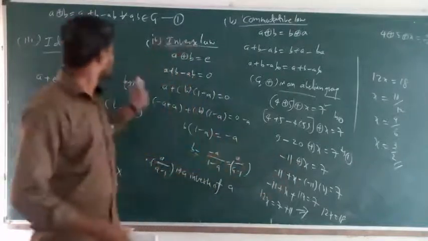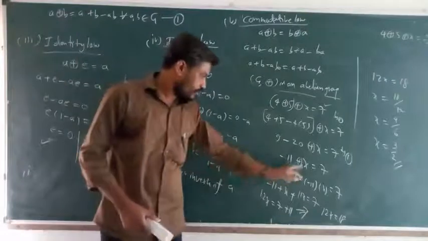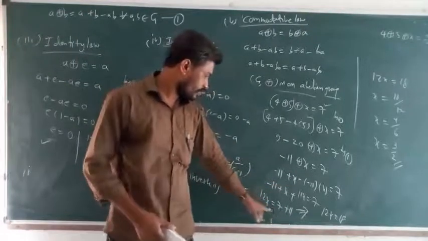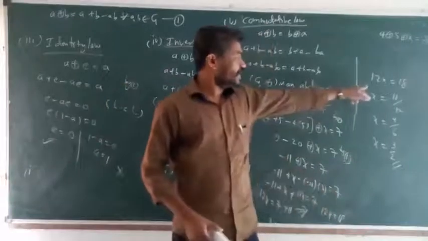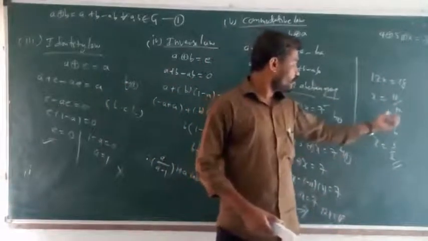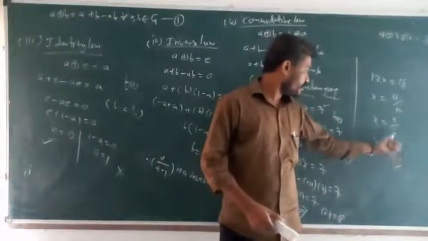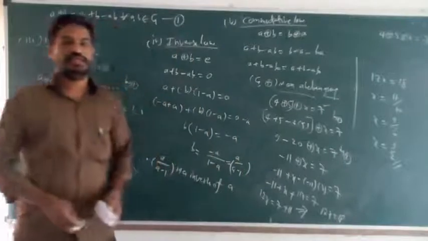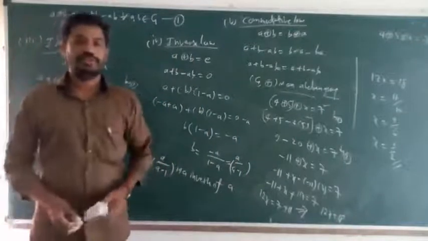Applying this condition, after simplification 12x is equal to 7 plus 11, nothing but 12x equal to 18. After x equal to 18 by 12, 2 9s are 18, 2 6s are 12, after 3 3s are 9, 3 2s are 6. Finally x is equal to 3 by 2. This is the x value. So this is the question.